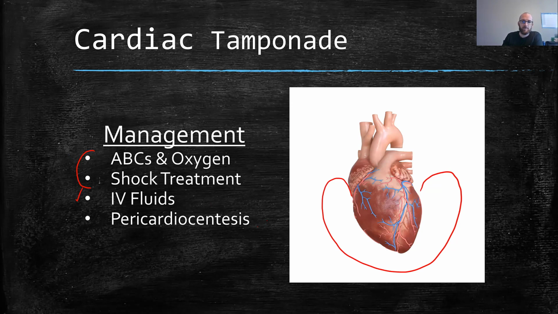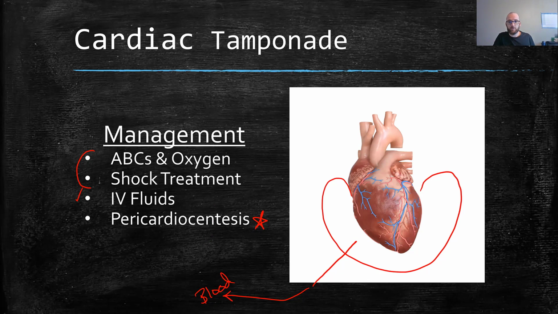What they need at the hospital is called pericardiocentesis, where they'll put a big needle up under the rib cage and into the pericardial sac to pull off that blood, to drain off that extra blood. It's going to allow that heart to start expanding a lot more again.